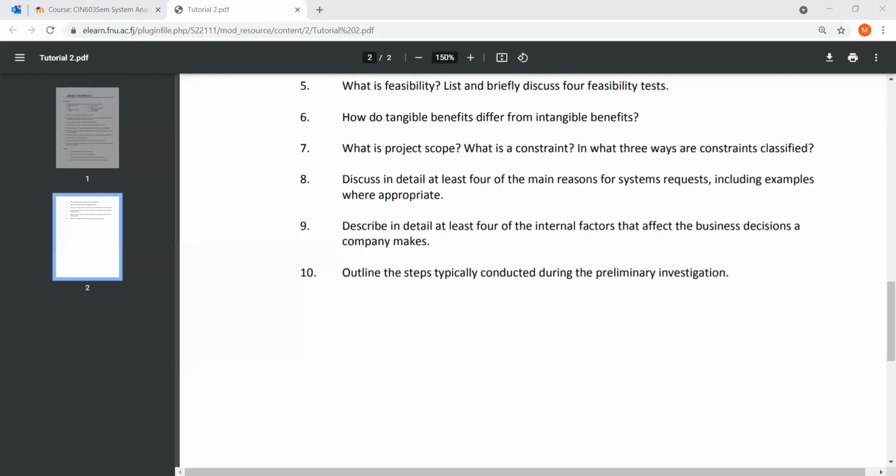The current system could be expensive to operate or maintain.